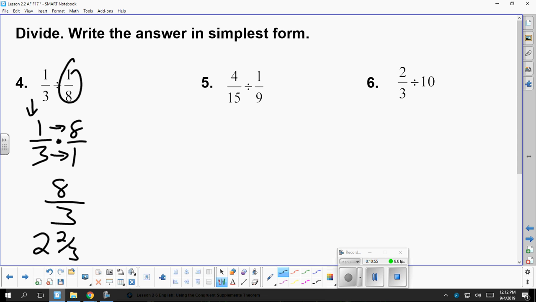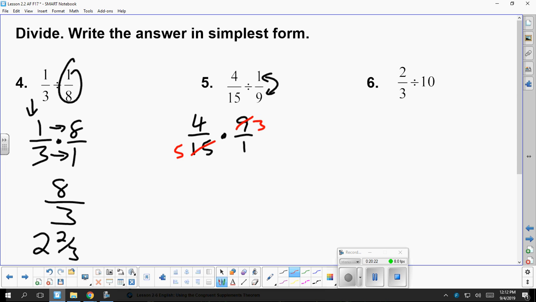Next, copy the first one down. 4 over 15. Change to multiplication. Flip the second one over. 9 over 1. And then, now here, I can go ahead and cancel. I can make a 3 out of both of those. 9 divided by 3 is 3. 15 divided by 3 is 5.